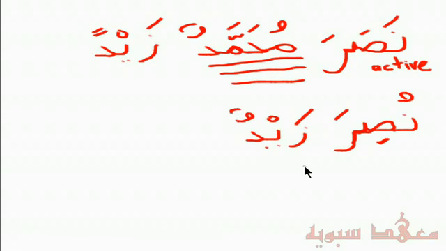Zaidun, this time it will be Zaidun. What this means is Zaid was helped. Helped by whom? We don't know. It could be Muhammad, but Muhammad's not mentioned. It could be Khalid. We don't know. So that is called passive.